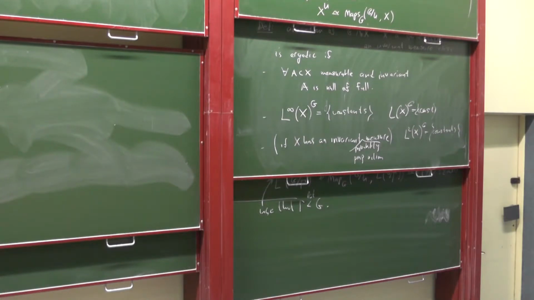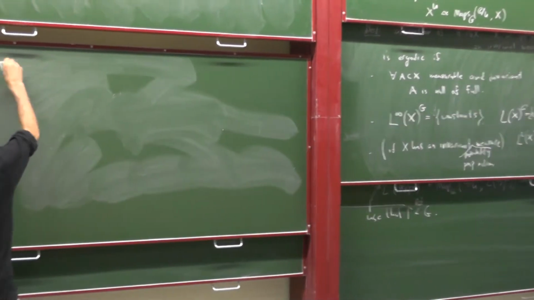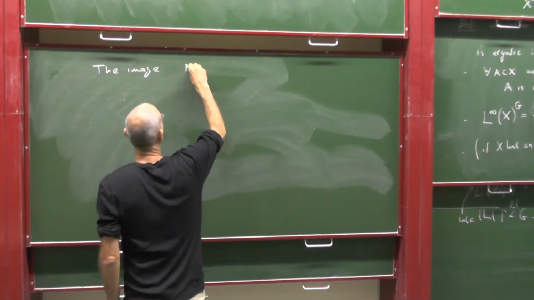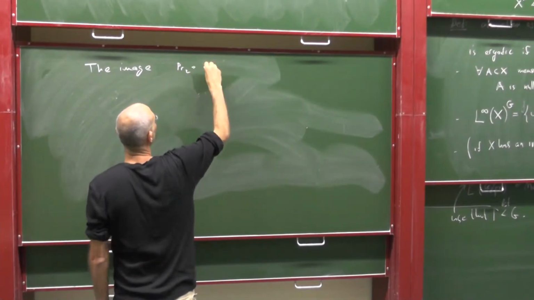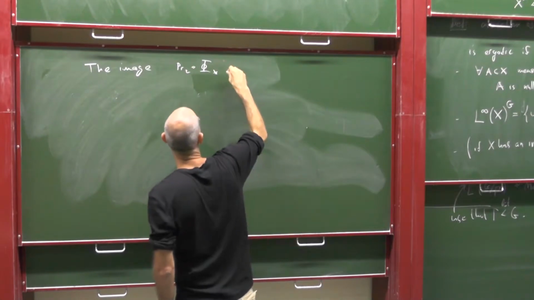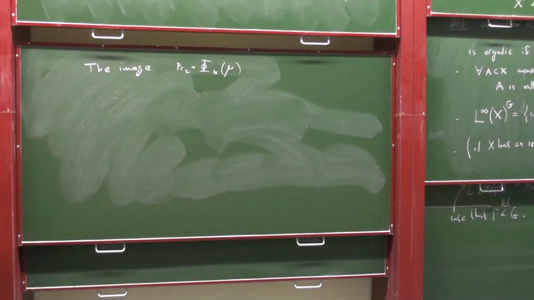So the image, mu is the measure here. Mu is the gene parameter here.